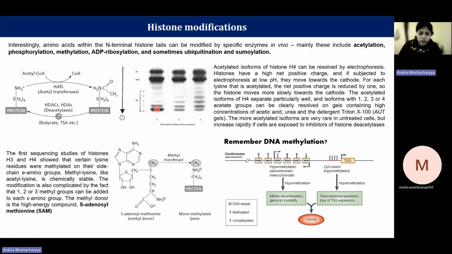Look here. This is your protein of interest, to which, when there is the action of a histone acetyltransferase, or HAT enzyme, it uses acetyl coenzyme A as the donor and transfers the acetyl group onto your protein of interest, such that it now carries this COCH3 group at the N-terminal tail along with the NH.